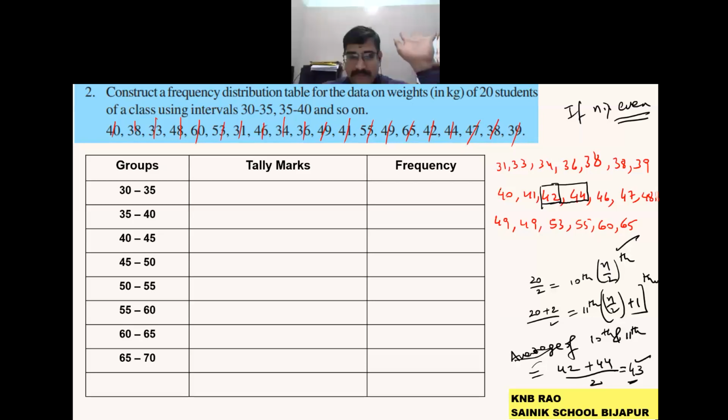Range is the difference between the maximum and the minimum in the raw data. Range is 65 minus 31, so 34 is the range. But average is the arithmetic mean, which is the sum of the observations upon the number of observations.